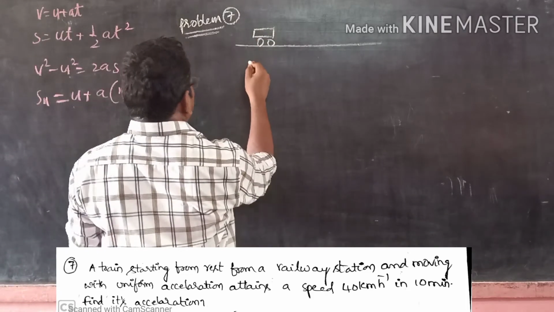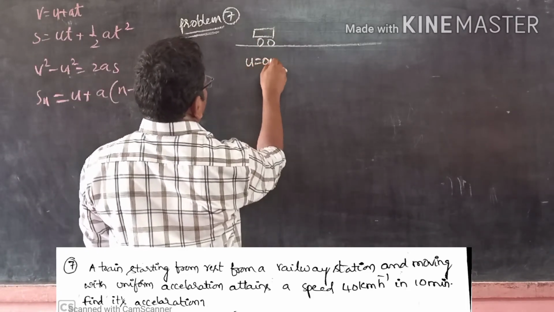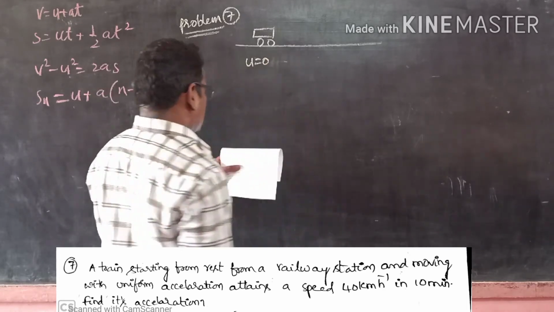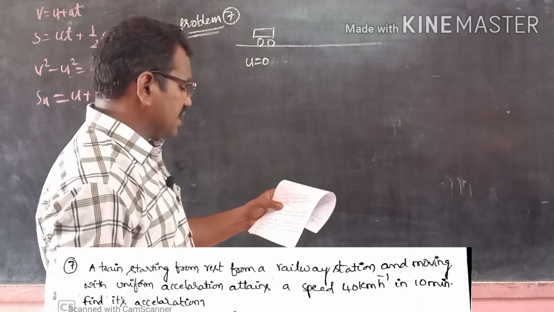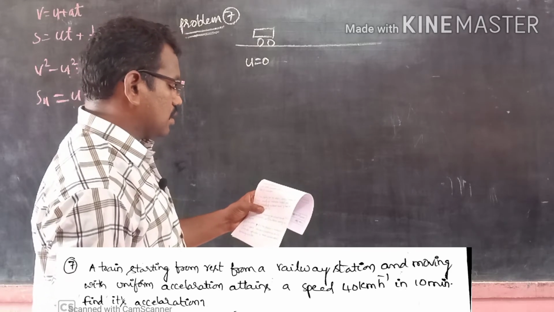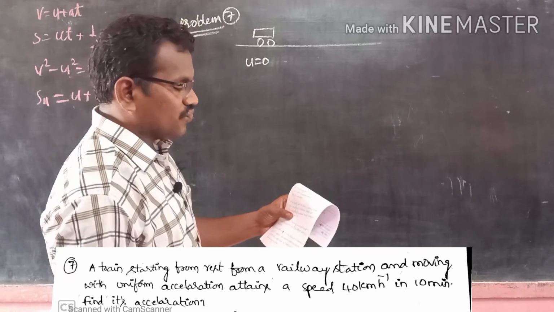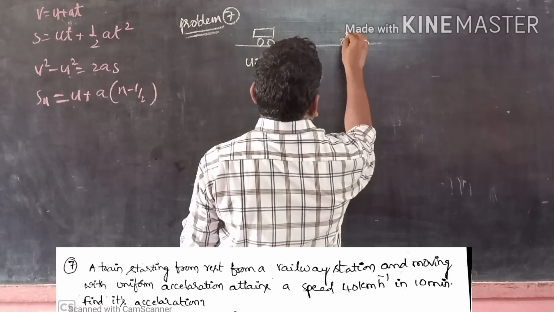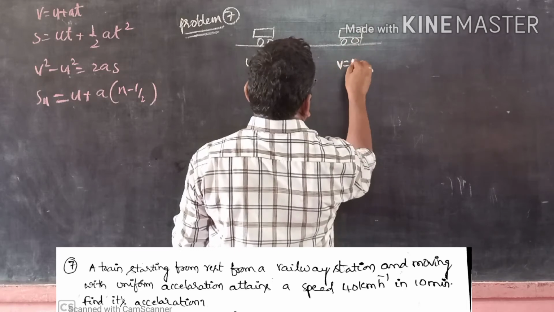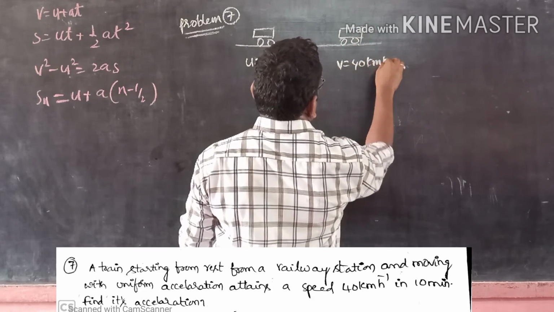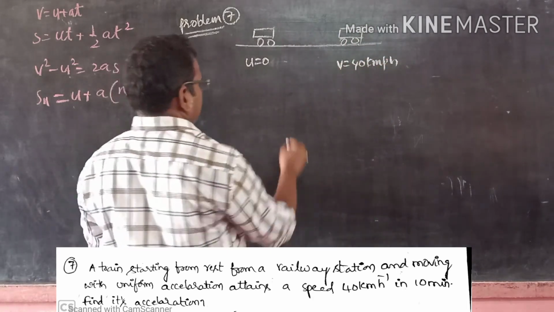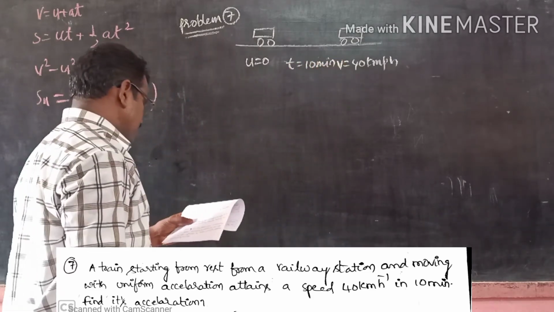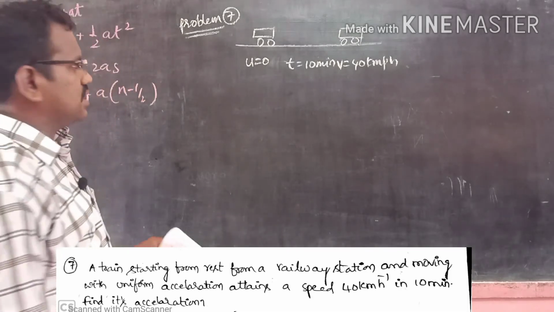So the train which is at rest, so initial velocity is equal to 0 meter per second, and attains a velocity of 40 kilometer per hour. Means after a certain time the velocity is equal to 40 kmph. In how much time? 10 minutes. T is equal to 10 minutes. Then find out the acceleration.